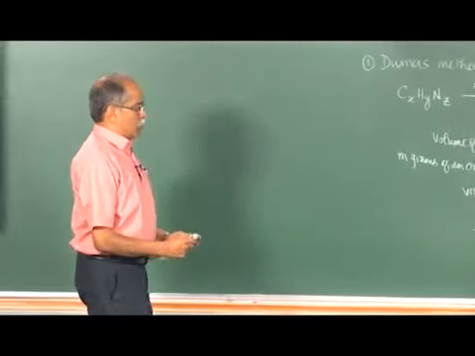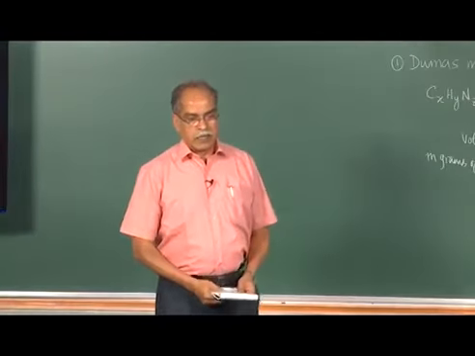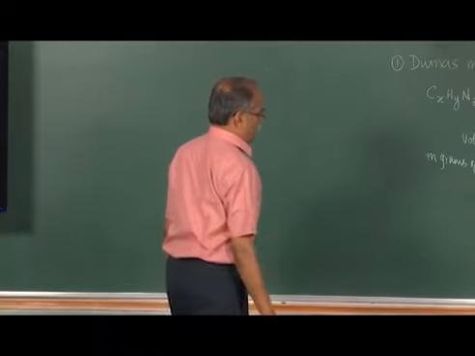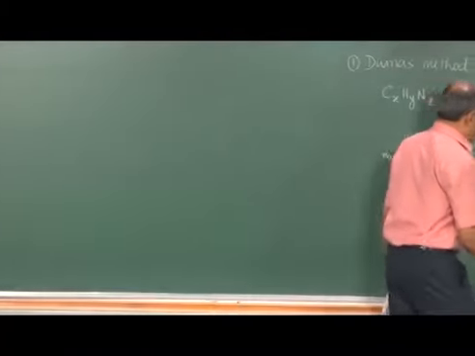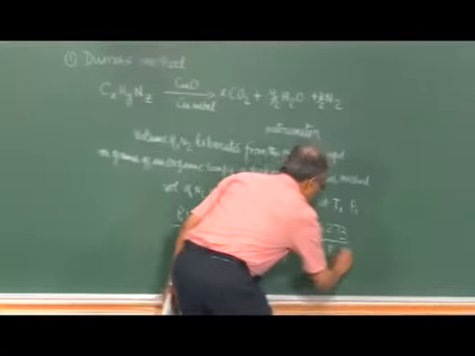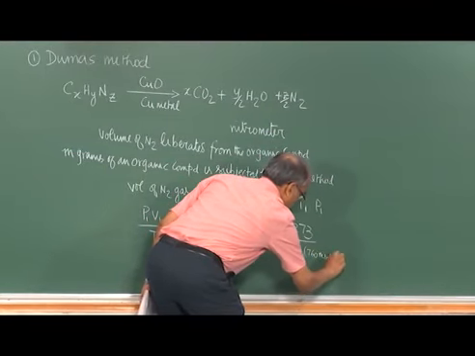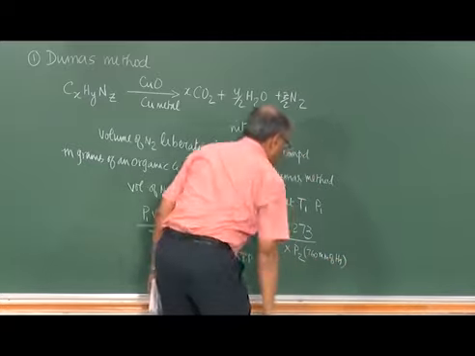Now, once you have the volume of nitrogen that is collected at standard temperature and pressure, that is 273 Kelvin and 1 atmosphere, this is 760 millimeter of mercury, the standard condition.